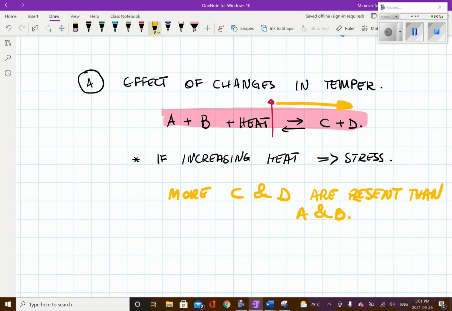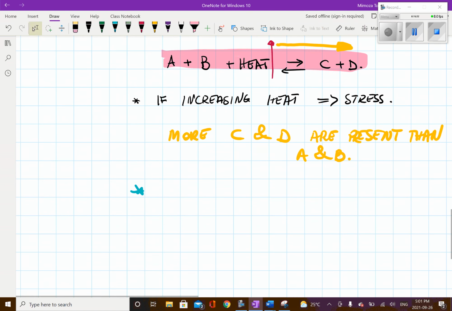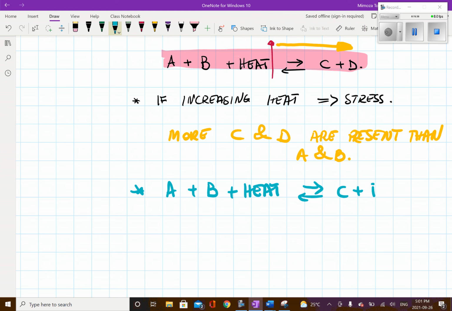Okay, so now let's suppose that you are decreasing the heat. So it will be A plus B plus heat, and in equilibrium is C plus D. Now you are decreasing the heat. So the system being in equilibrium will say, oh no, don't decrease the heat.